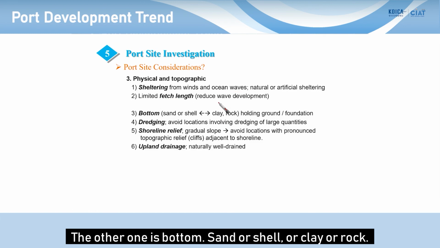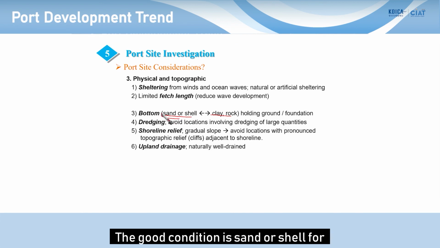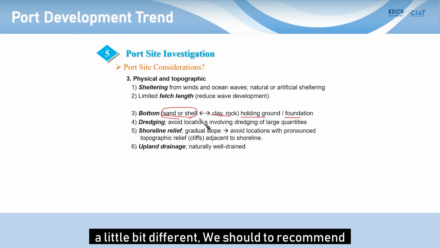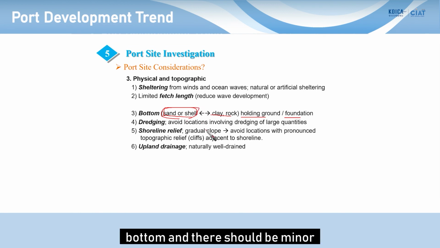The other one is the bottom: sand or shale, clay or rock. The good condition is sand or shale as holding ground for the anchors. But the foundation for the structure is a little bit different. We used to recommend a sand bottom or shale bottom instead of a rocky bottom.